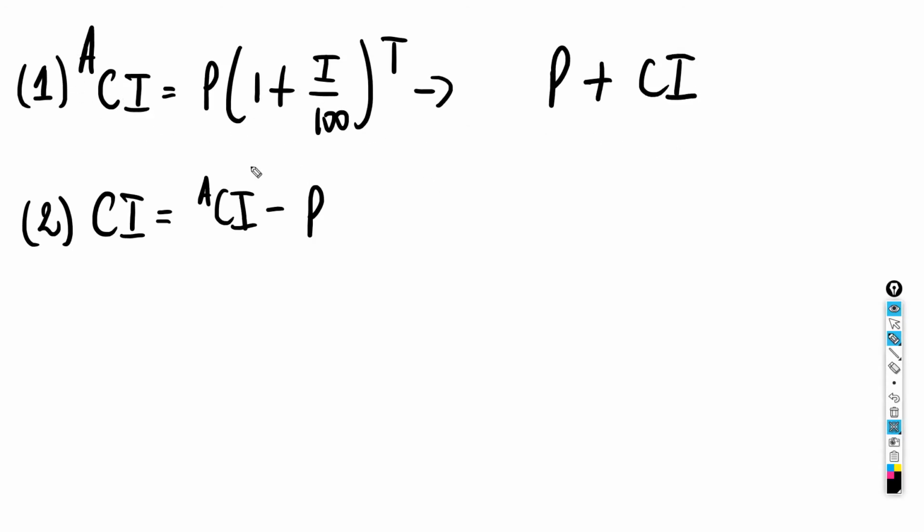It's PIT, but with a 1 plus I over 100 to the t, very similar to the simple interest formula. Then the next one, the actual compound interest, which is the compound interest only, you subtract the principal from the accrued amount. Cool. These are the only two formulas we need to know for compound interest. Everything else we can calculate with these two formulas. We're pretty much good now.